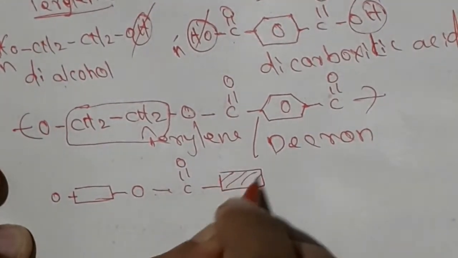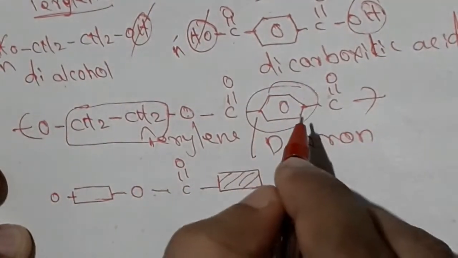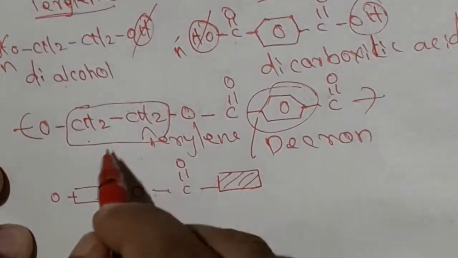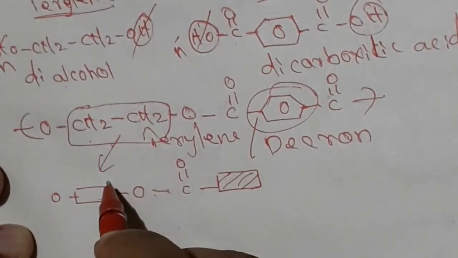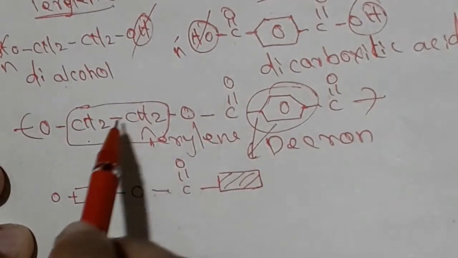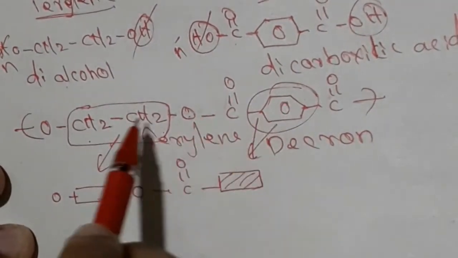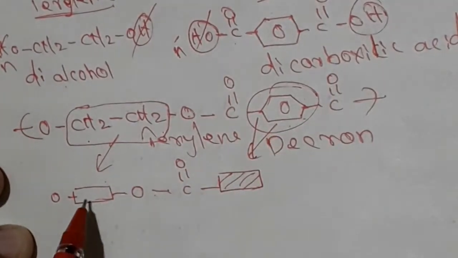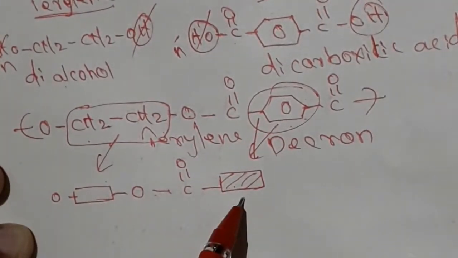Here is another box, this benzene ring. See here it is CH2, this is one compound. Here it is the benzene ring. These are not the same type of compound, these are different types of compound. That's why I am showing different types of box.